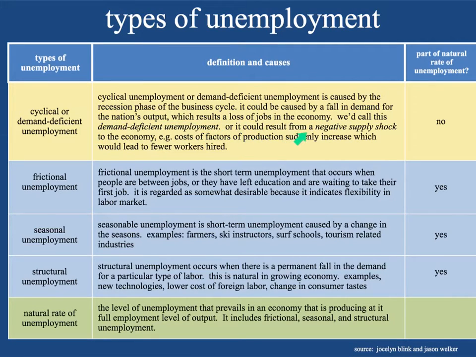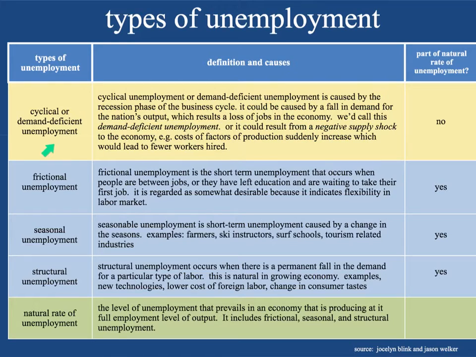Or it could result from a negative supply shock to the economy, an example of which is a drop in aggregate supply in the economy, which could be as a result of the cost of factors of production suddenly increasing, which would lead to fewer workers hired. An example of this would be a really fast increase in the price of energy, oil, gasoline.